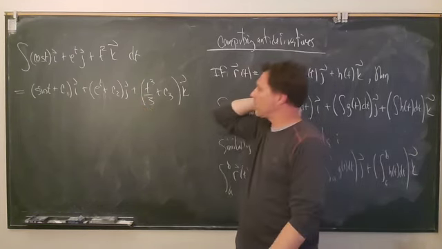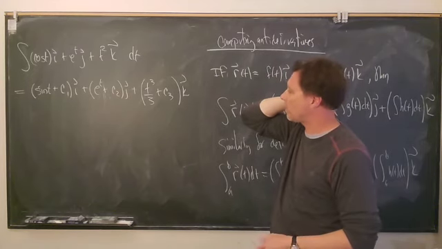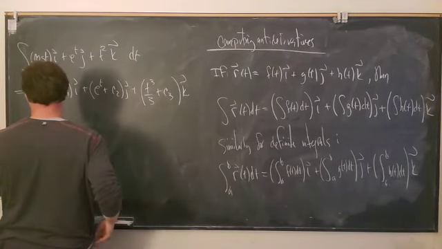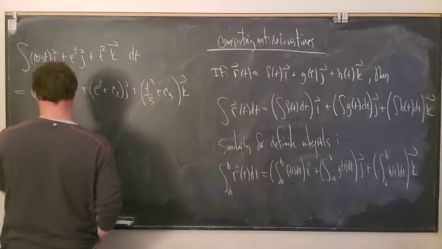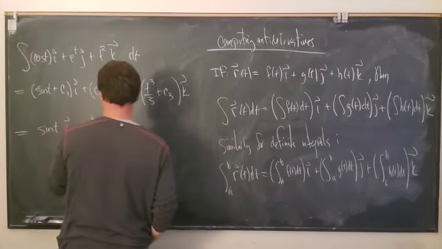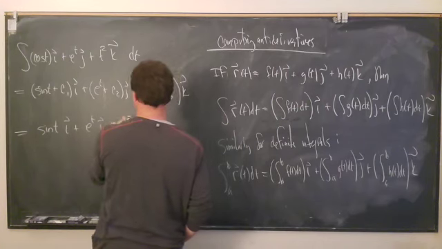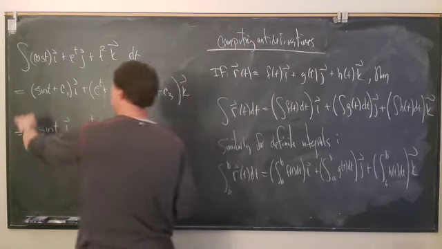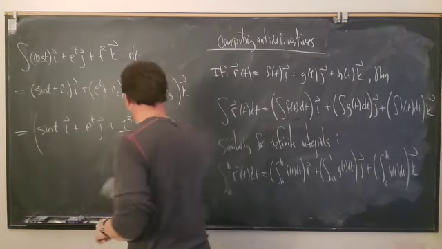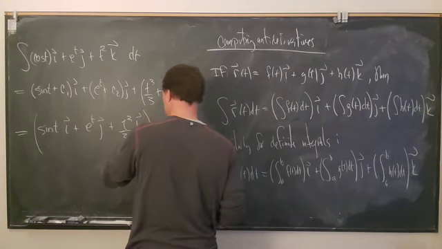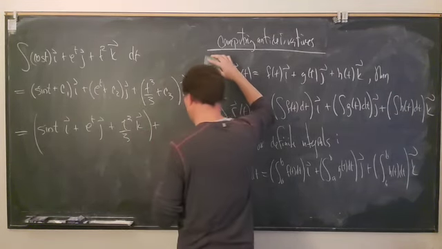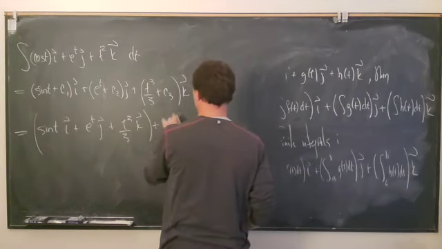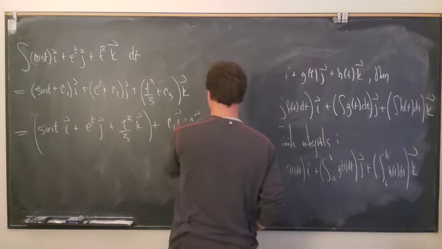But there are times when we want to sort of pay attention to who these constants are, and it can be helpful to separate them off. So this answer is acceptable, but so is this one. Sine t i plus e to the t j plus t cubed over 3 k plus, and I know this is going to look a little bit weird, I like it better in angle bracket notation, plus c1 i plus c2 j plus c3 k.